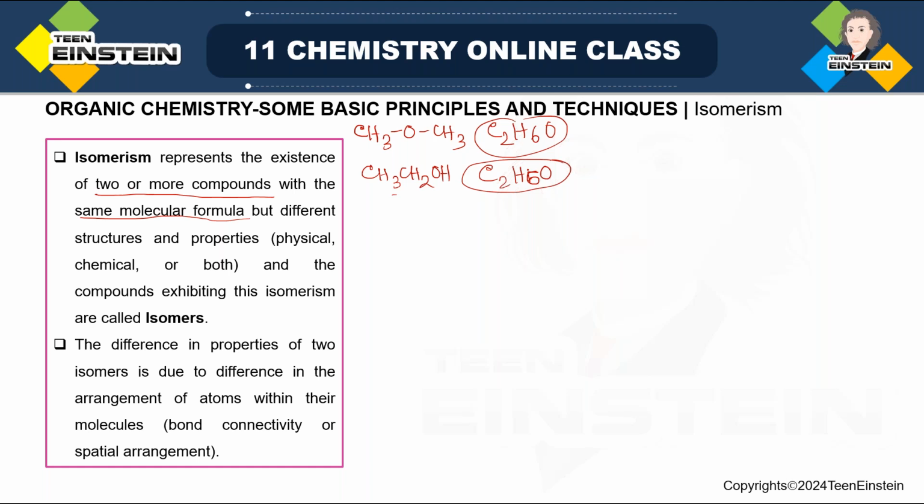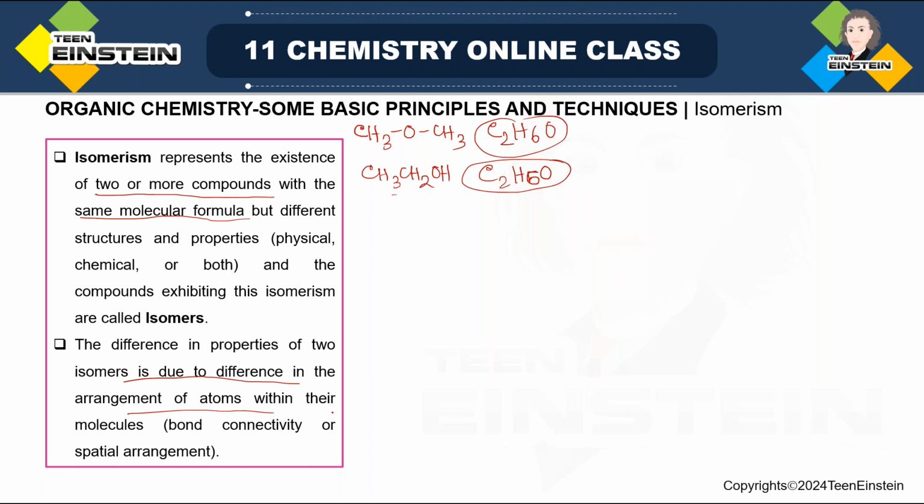Now there are different types of isomerism possible depending on the relationship between them. So we will see a flow chart which will show us the different possible isomerism that we see in organic compounds. The difference in properties of 2 isomers is because of a difference in the arrangement of atoms within their molecule.